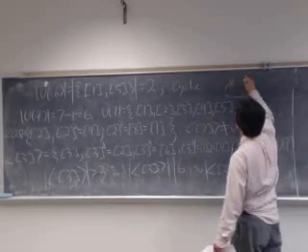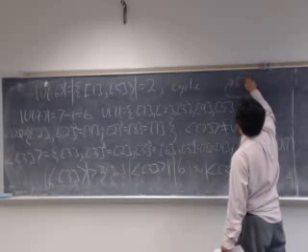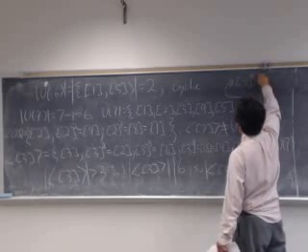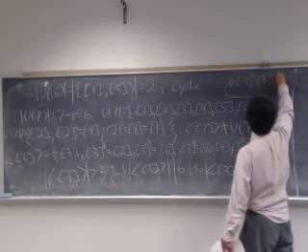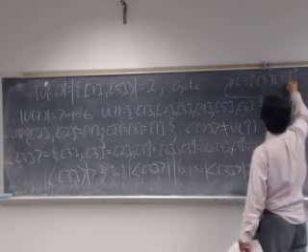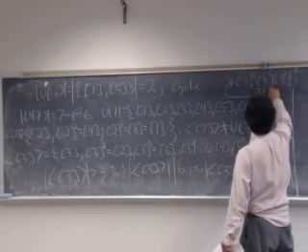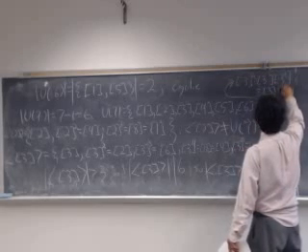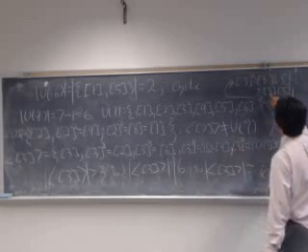And finally, I guess I'll put it up here, 3 to the 6th is 3 times 3 to the 5th. We just saw 3 to the 5th is 5, so equivalence class determined by 5.